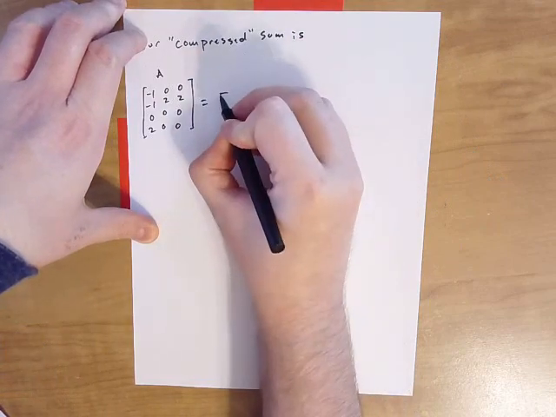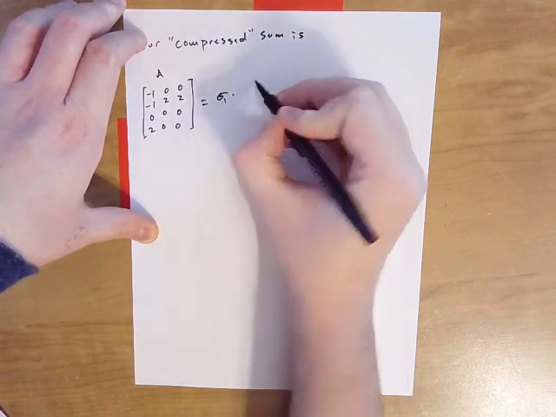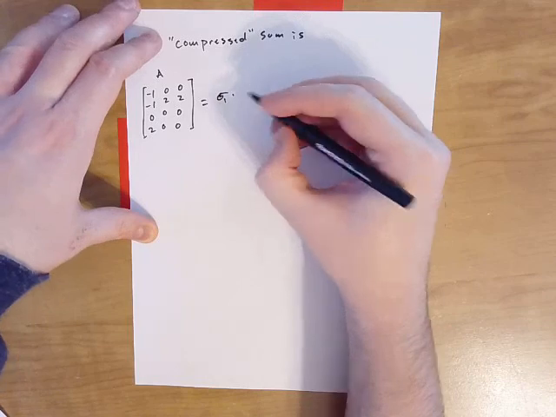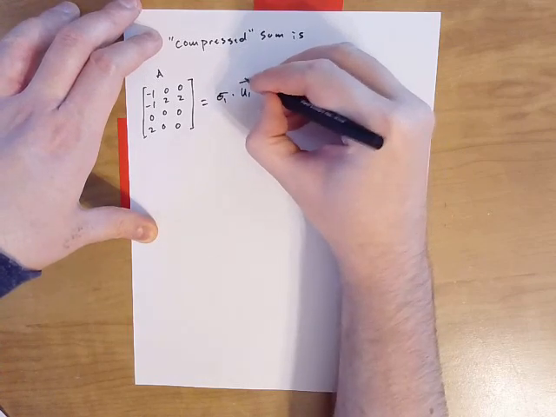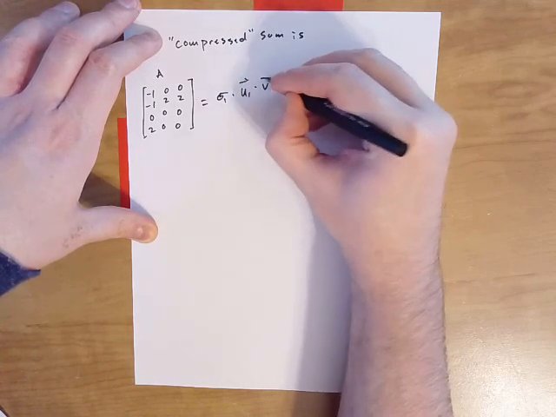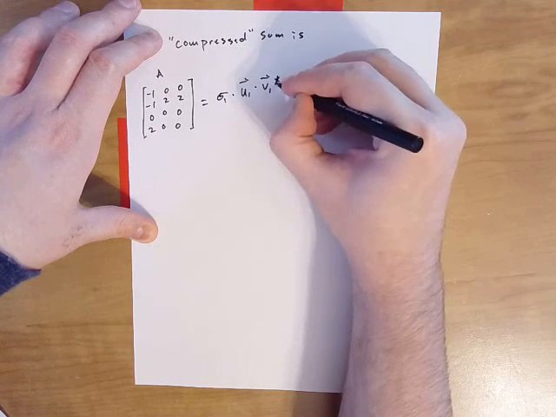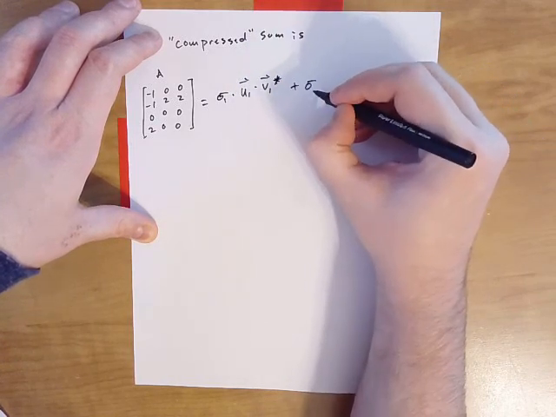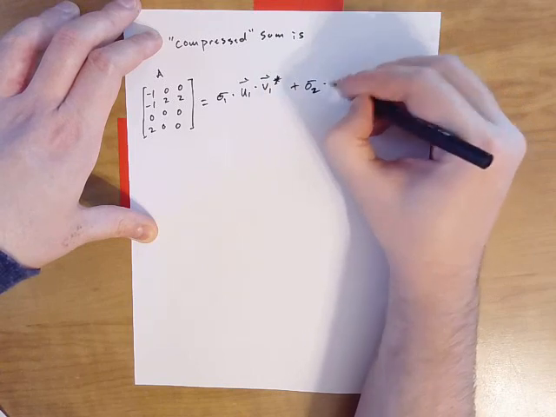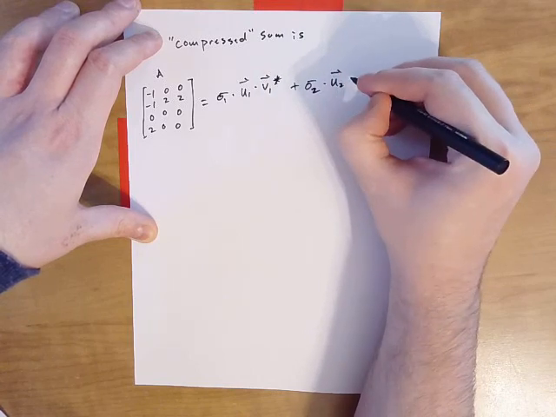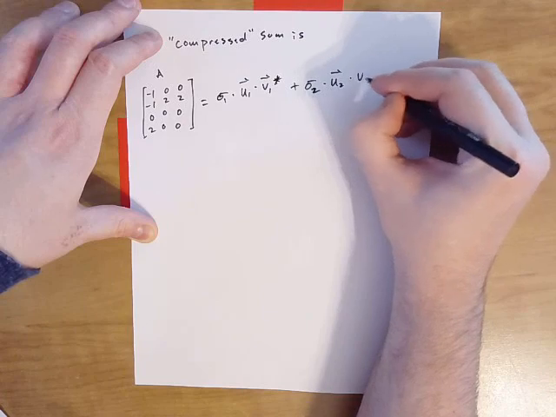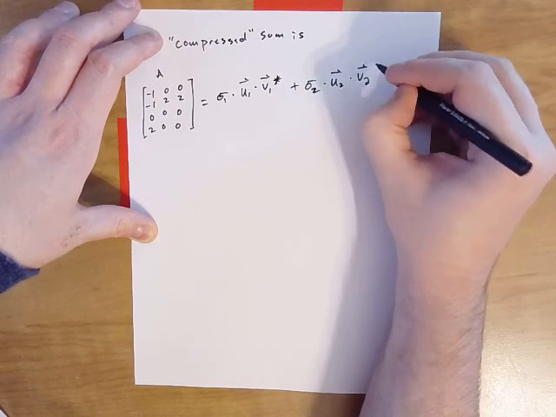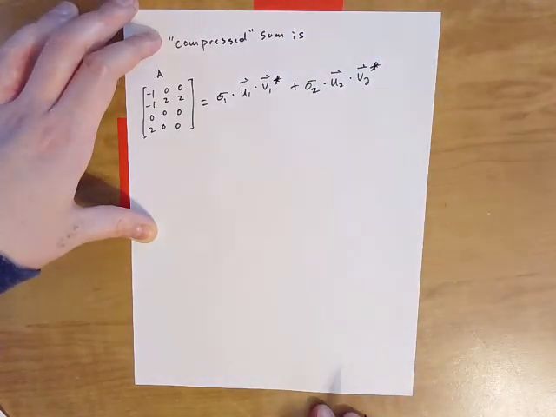We have our first singular value multiplied by the first column of U multiplied by the conjugate transpose of the first column of V. And then we have our second singular value multiplied by our second column of U multiplied by the second column of V, where we conjugate transpose.